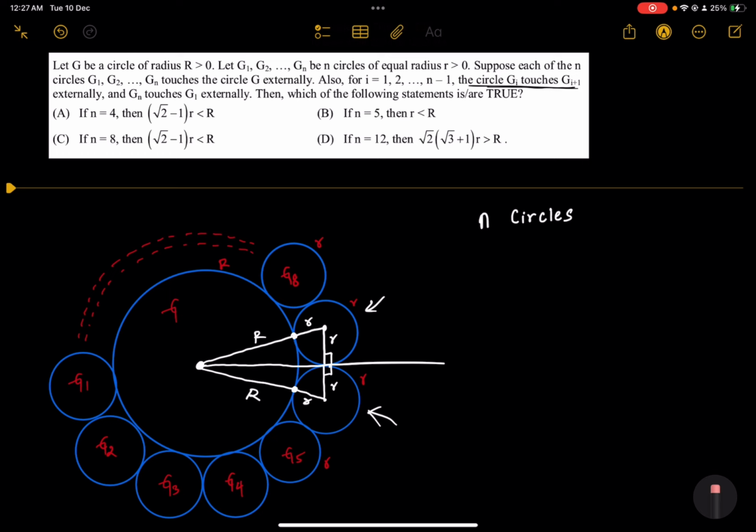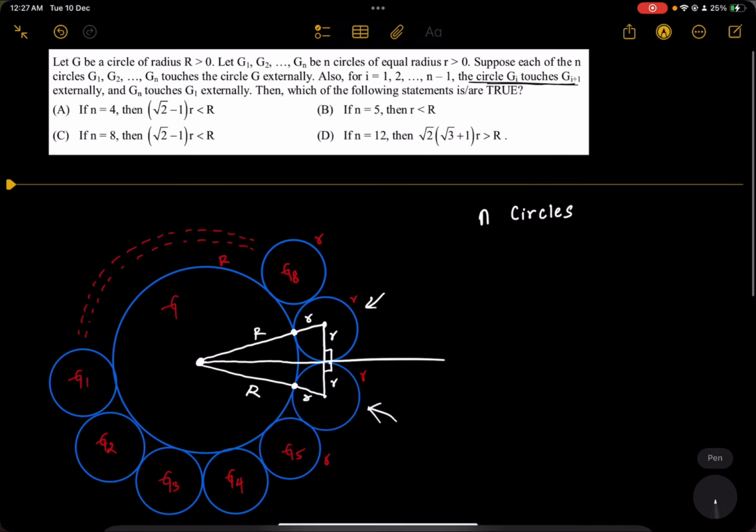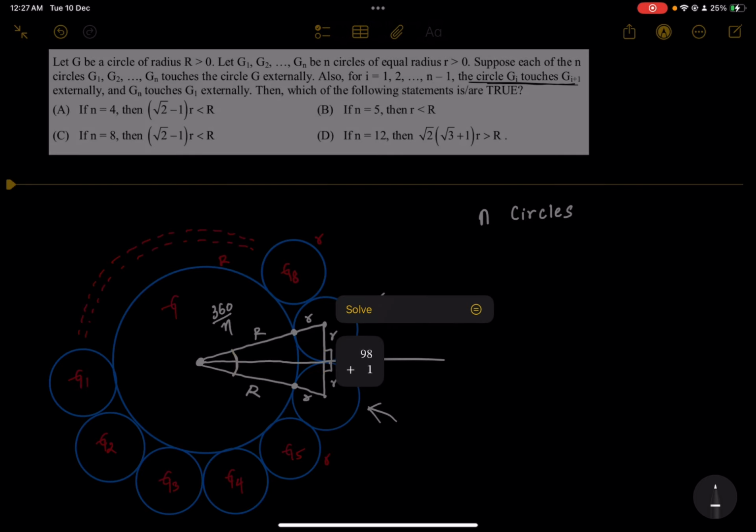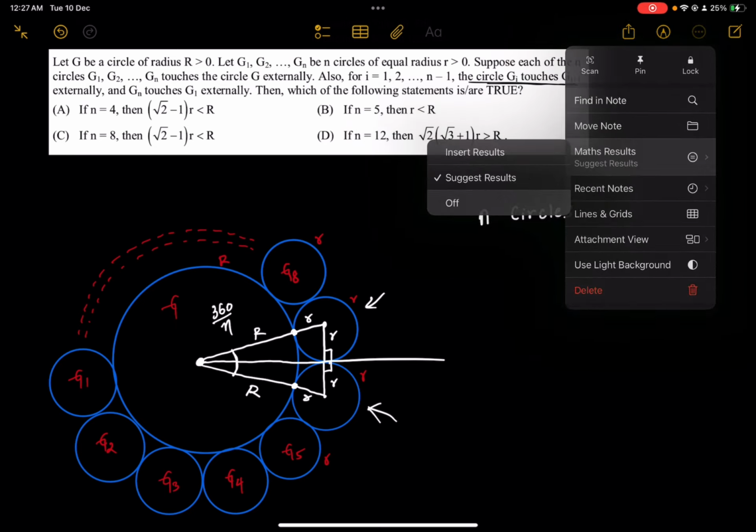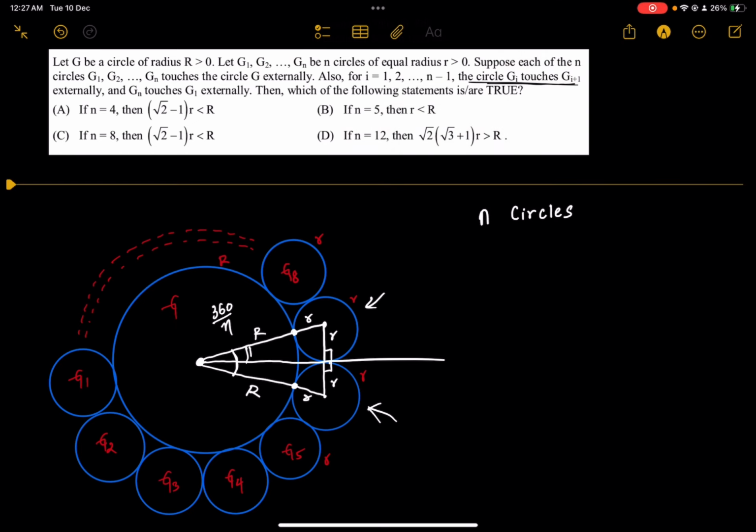Similarly, here this angle will be 360 by n. So this particular small angle is 360 by 2n, because this is a right angle triangle and this is a right angle triangle, and those two triangles are congruent. So this angle is 360 by 2n, and this angle is also 360 by 2n.